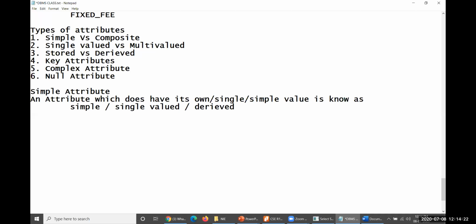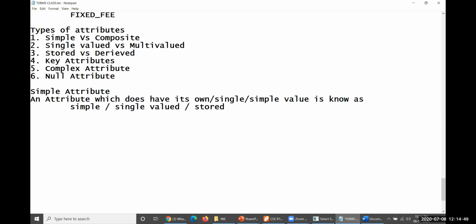Either of these will be the same. You cannot divide this attribute further, and such kind of attribute will be called a simple attribute, otherwise single valued or stored attribute. Oh, sorry, here it is not derived; it is stored. I'm very sorry. Stored attribute.